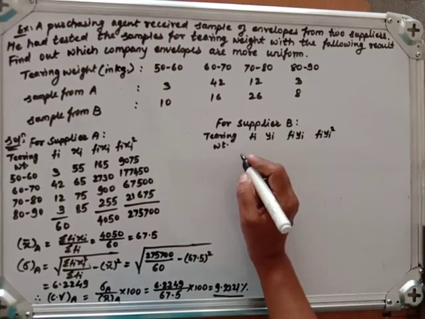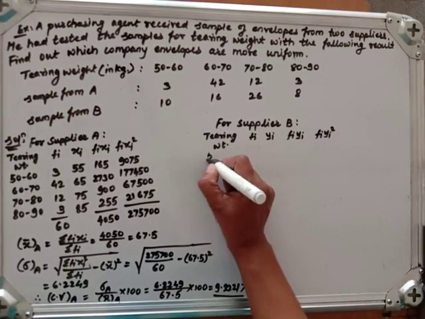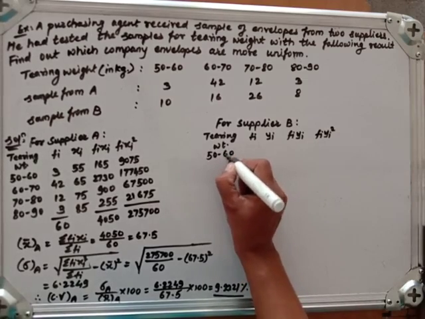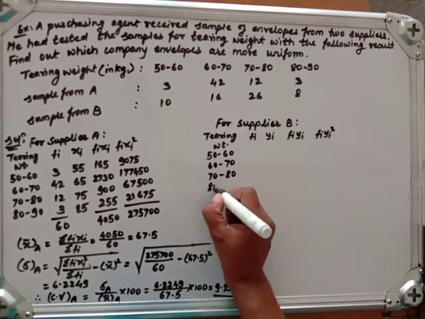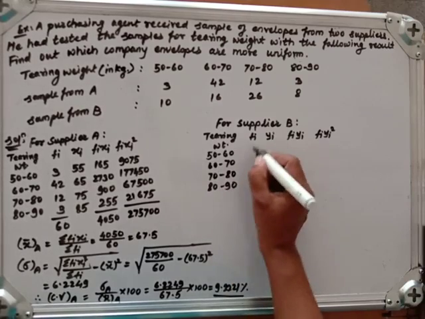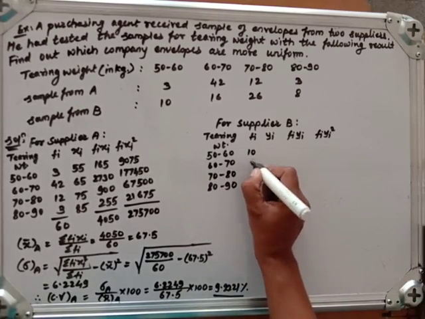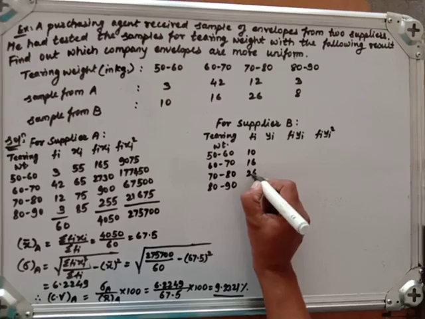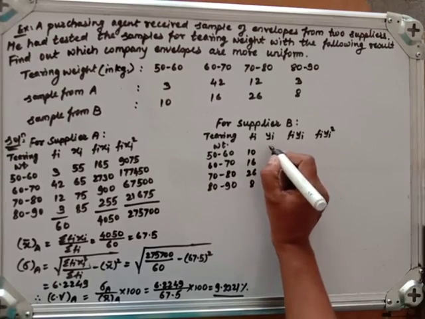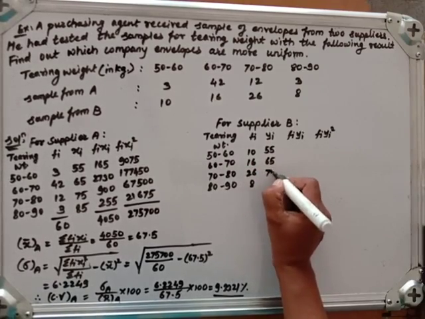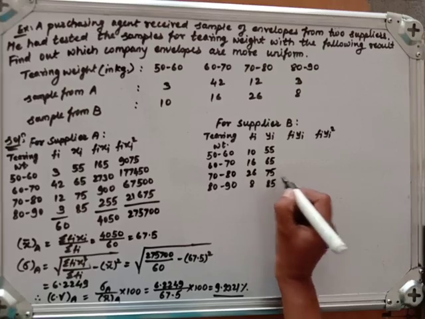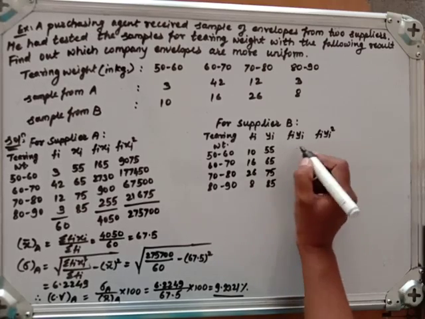Again this is the same: 50 to 60, 60 to 70, 70 to 80 and 80 to 90. Now FIs are different, so this is 10, 16, 26 and 8. YIs are the midpoints, the same again: 55, 65, 75 and 85.